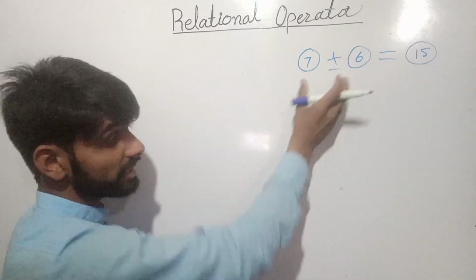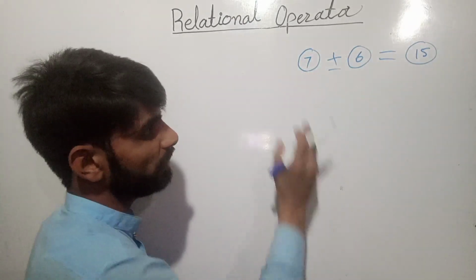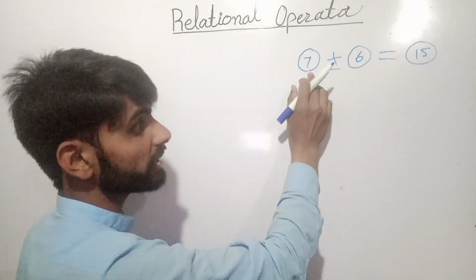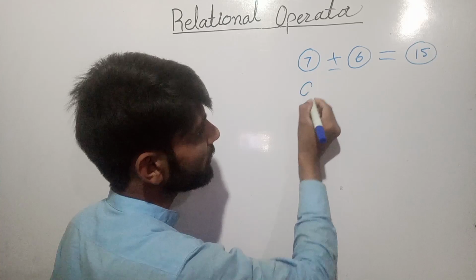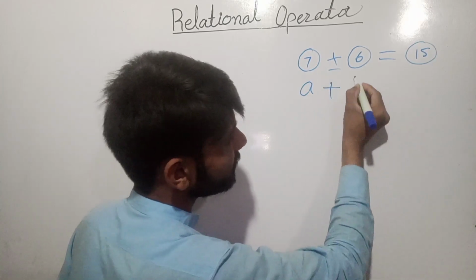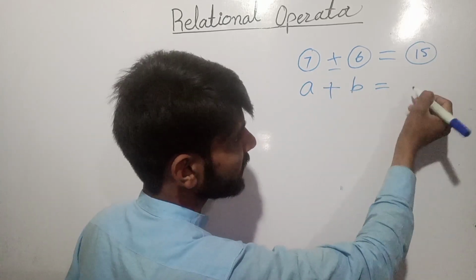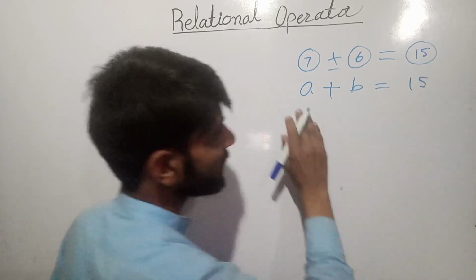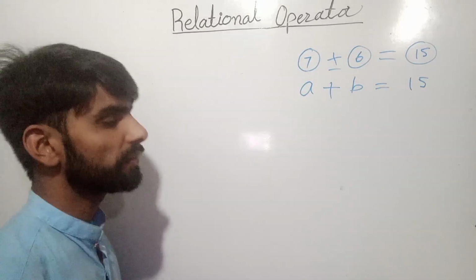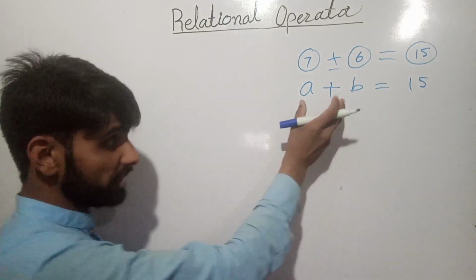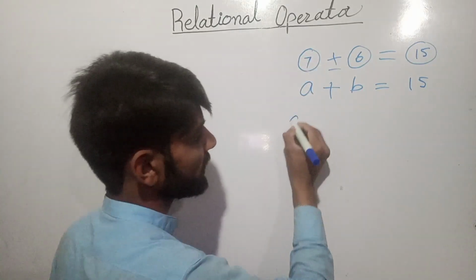In this case, these operands may be any constant, as I have written here constant values. These operands may also be any variable, and we get the result. For example, a is 7 and b is 6, and we get the result 15. These operands may also be any expression.